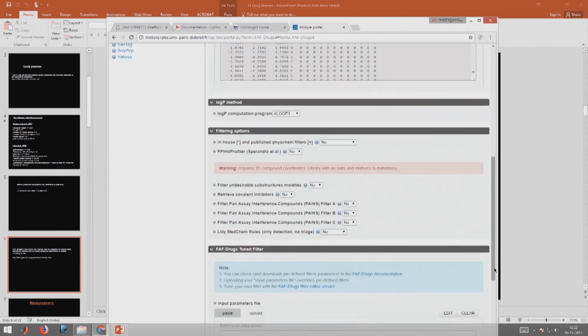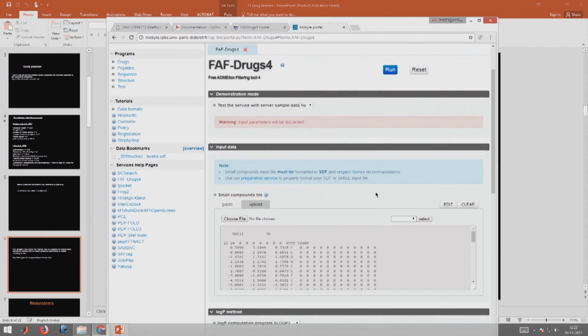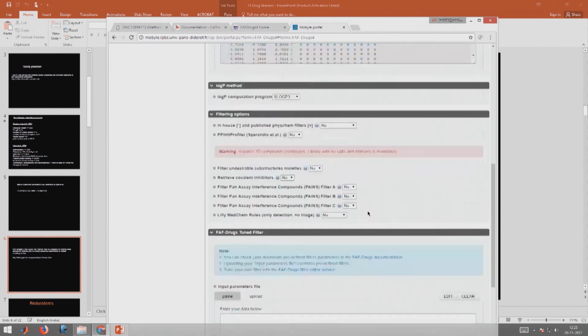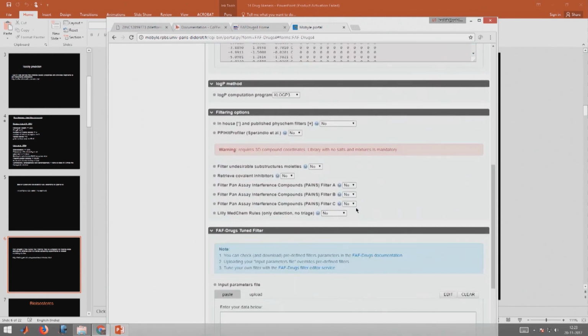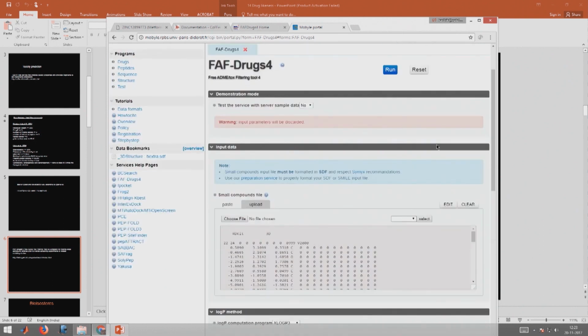As you can go down, we can say log P computation, then we can look at filtering possibilities here. Okay, so we can say just run.